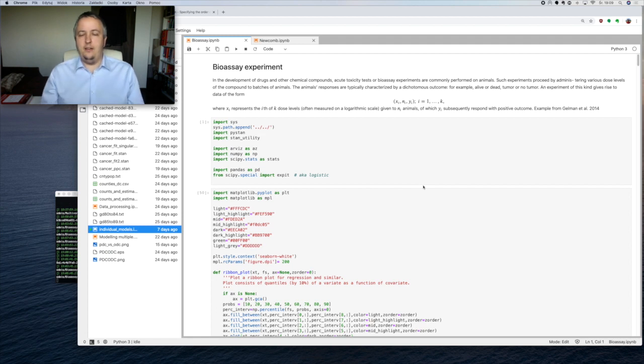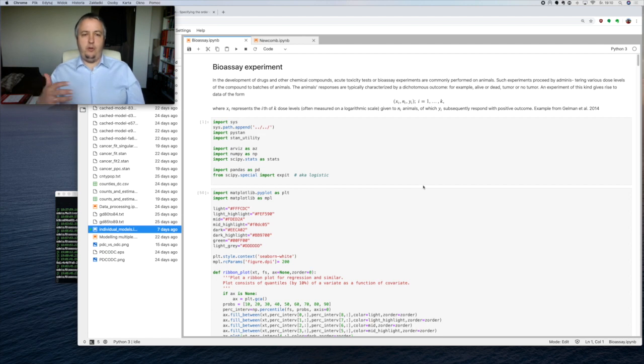And the data from such experiments consist of tuples of three elements. First will be the dose levels, usually measured on the logarithmic scale, in order to make different scales easier. Those are given to n animals, and y of them resulted in a positive outcome.